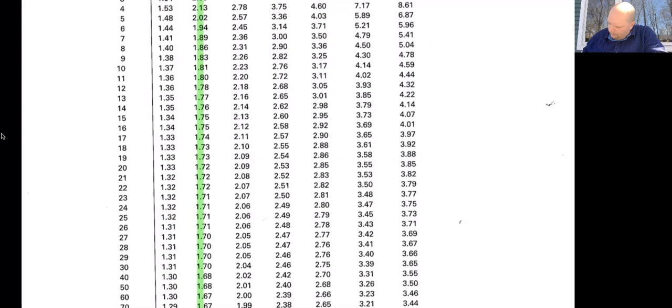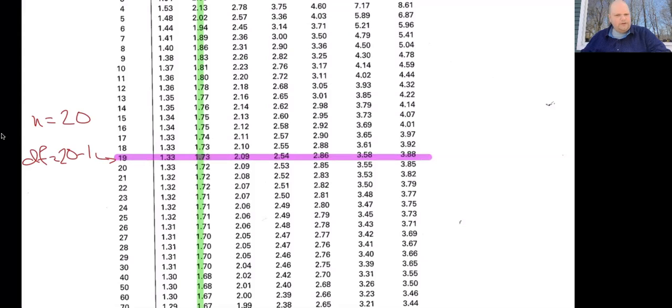So in that case, if n is equal to 20, then our degrees of freedom, 20 minus 1, is 19 right here. So that tells us that we're going to come across this row to collect our data. Those intersect at 1.73.